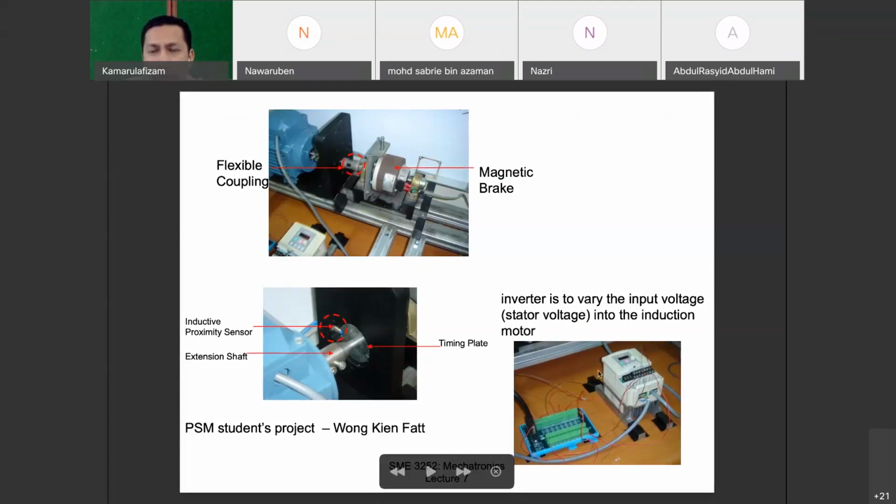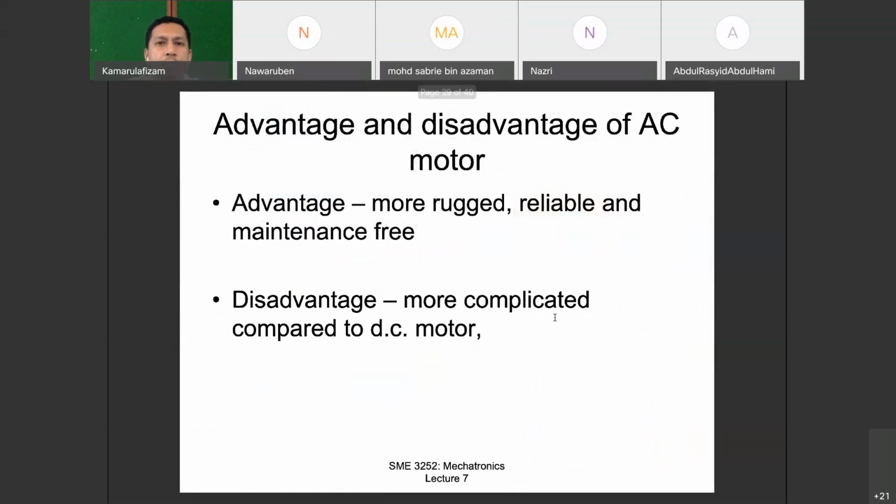Bila you because AC ni first is dia punya fasa, voltage frekuensi dan juga voltage amplitude very much define the style of rotation yang berlaku dekat motor. Nak slow ke laju ke, torque tinggi ke torque rendah ke, semua you boleh kontrol kat situ.